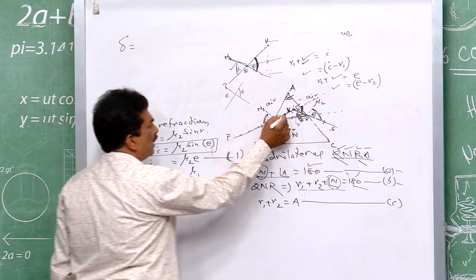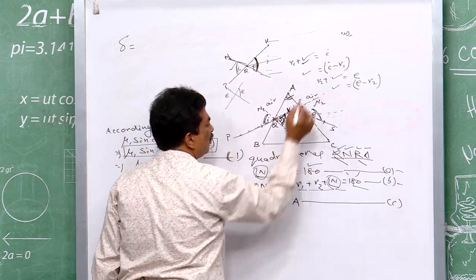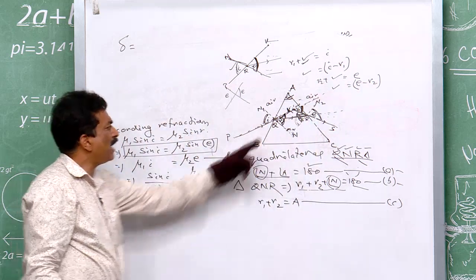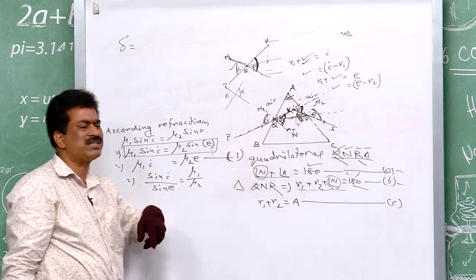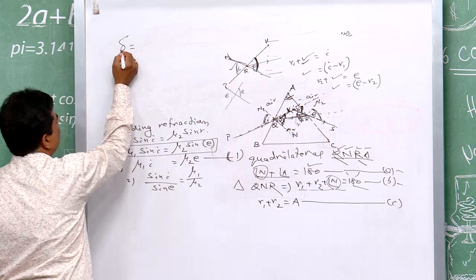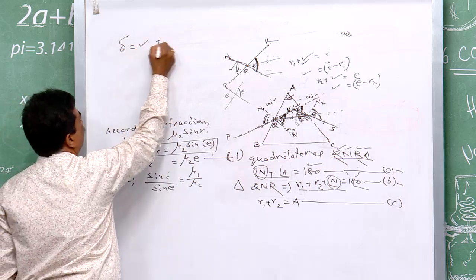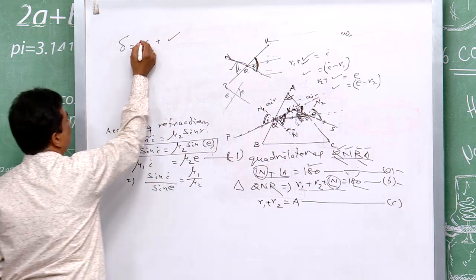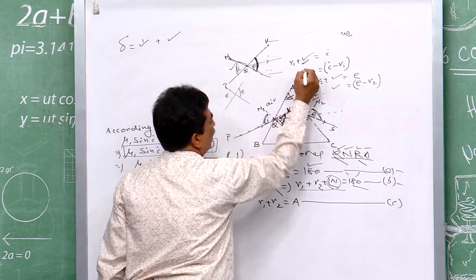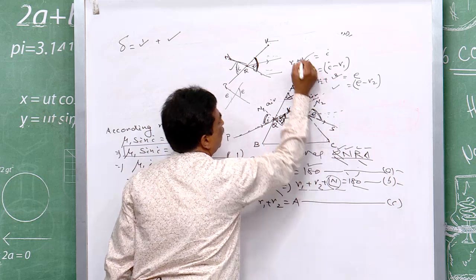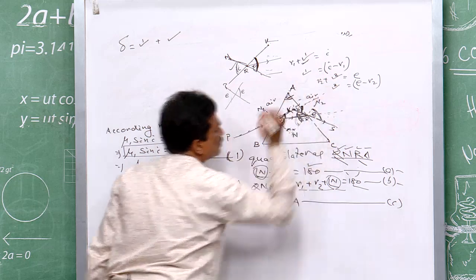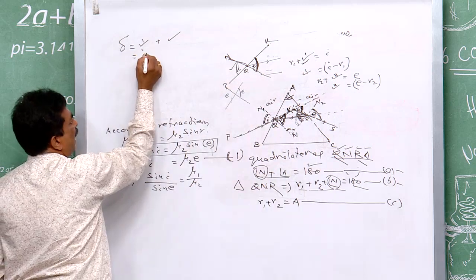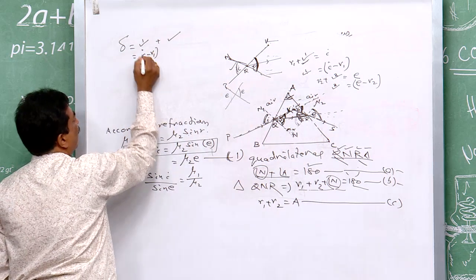So, this tick mark is equal to I minus R1, this tick mark is equal to E minus R2, and this del is the exterior angle. So, that exterior angle is the sum of those two tick marks. The first tick mark is equal to I minus R1.